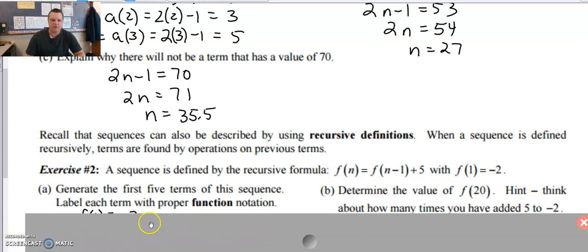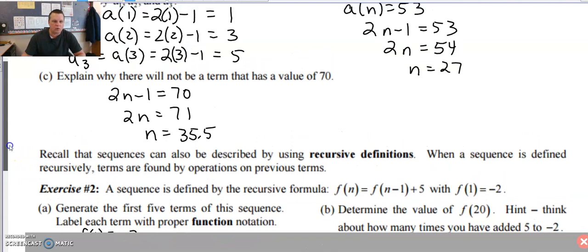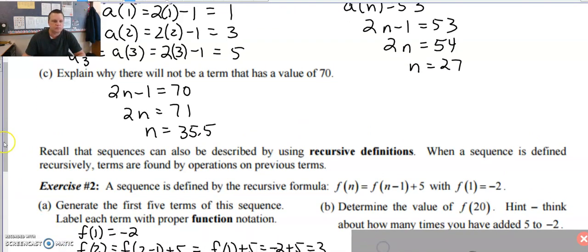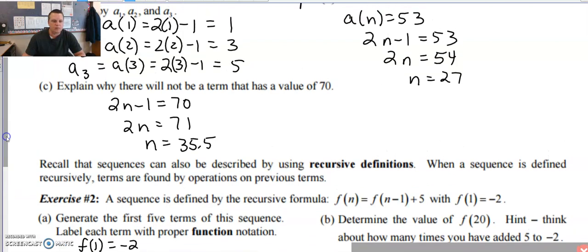We have our rule for f of n: f of n equals f of n minus 1 plus 5, with f of 1 equaling negative 2. Usually they'll give you the f of 1. So f of 1 equals negative 2. Find the first 5 terms.